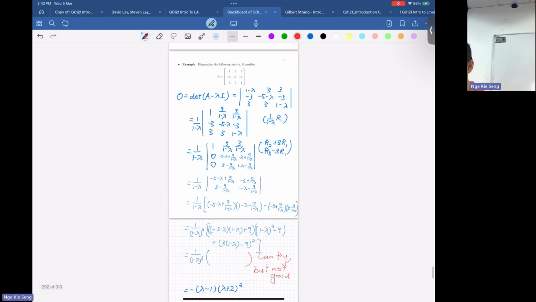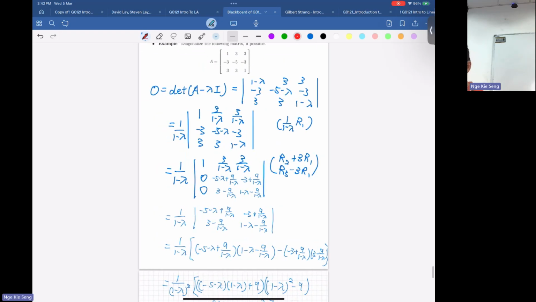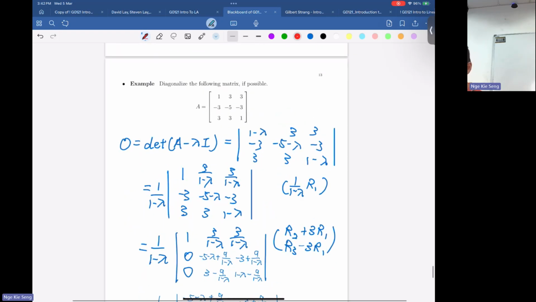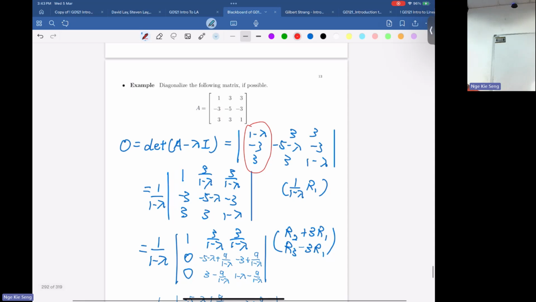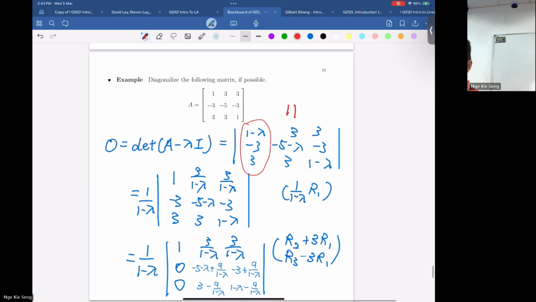So just straight away expand it along the first column here. You should get 1 minus lambda times the minor 5 minus lambda, minus 5, 1 minus lambda.